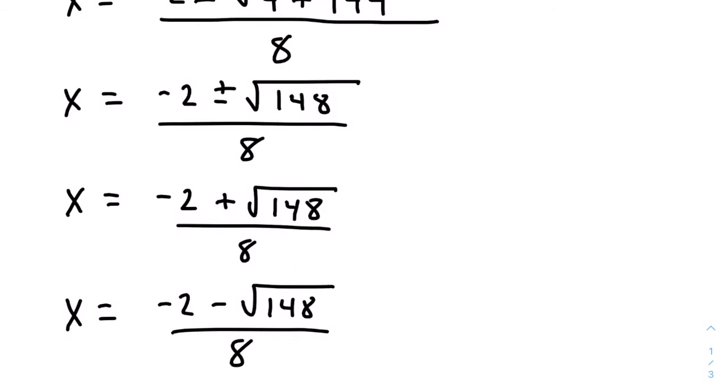Now, the problem is the 148 doesn't have a nice, neat square root. And we can't really simplify that down to a number that we could add or subtract from negative 2, right? So technically, these are our 2 answers right here.